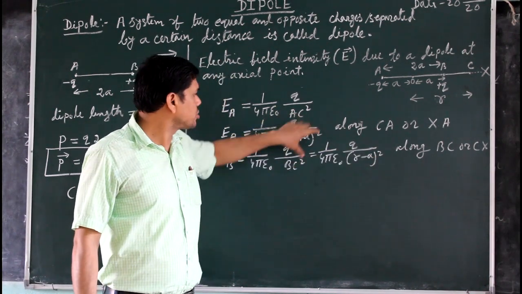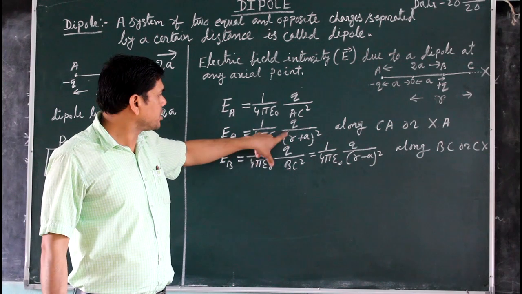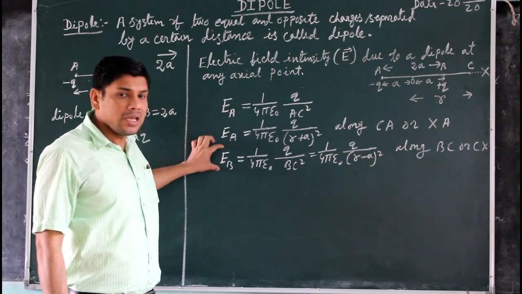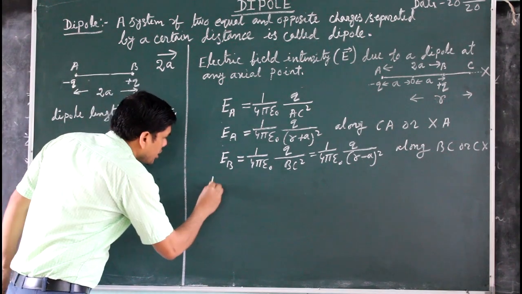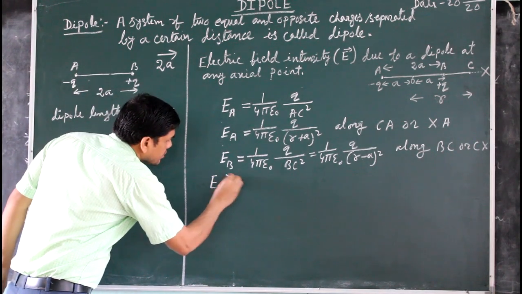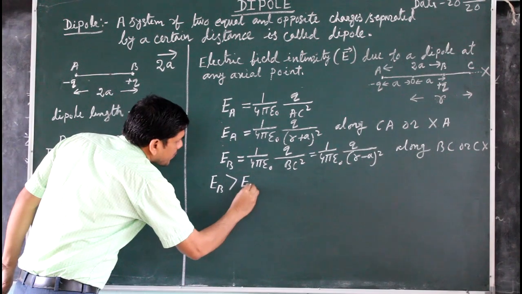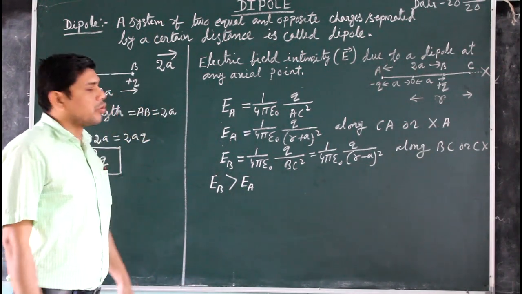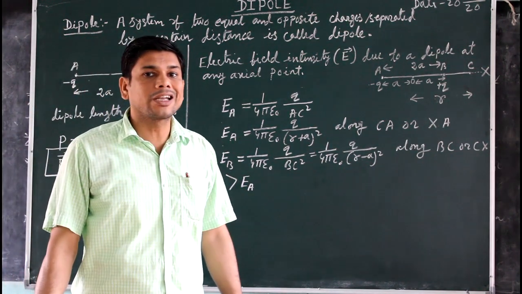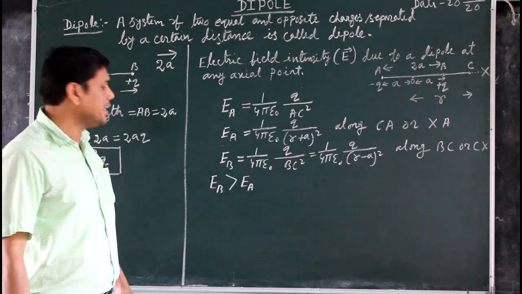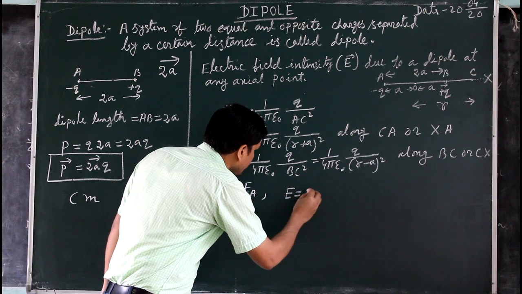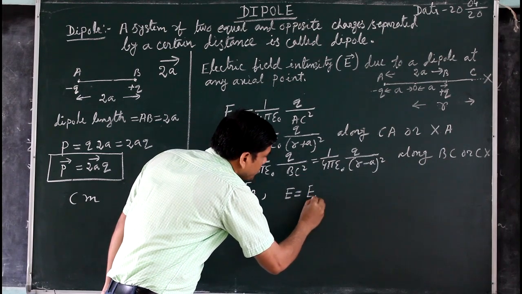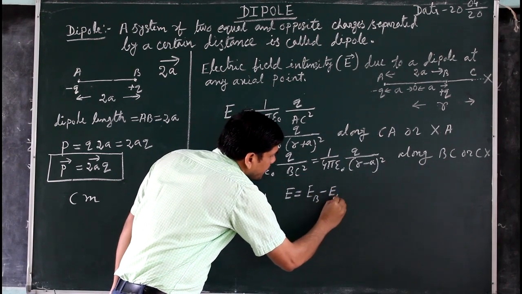So from these two equations we have seen that here EB is greater than EA. So if the resultant electric field is denoted by E, then E equal to EB minus EA. Okay?